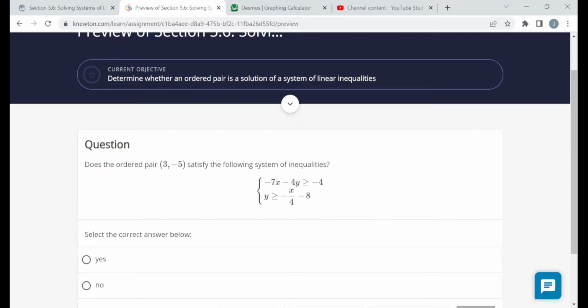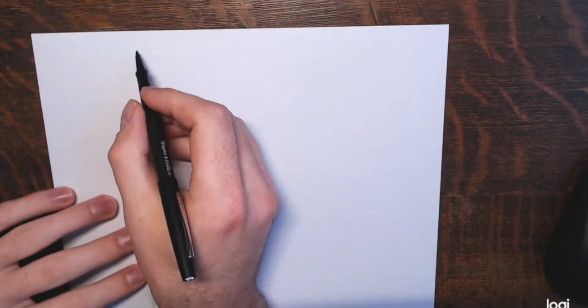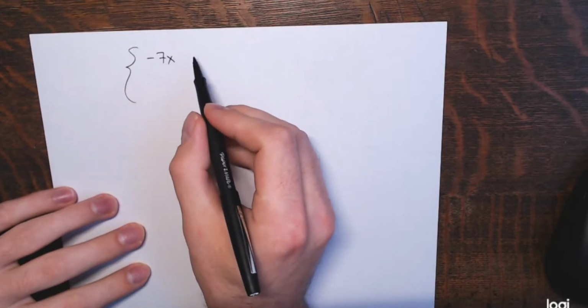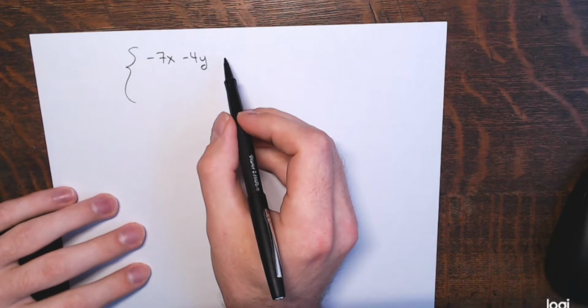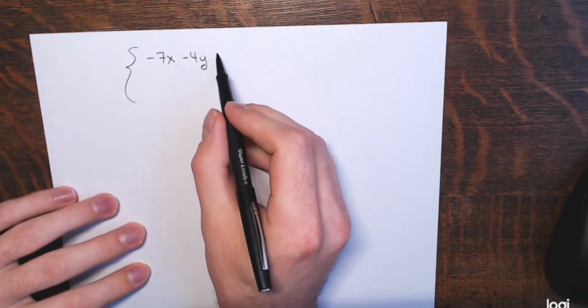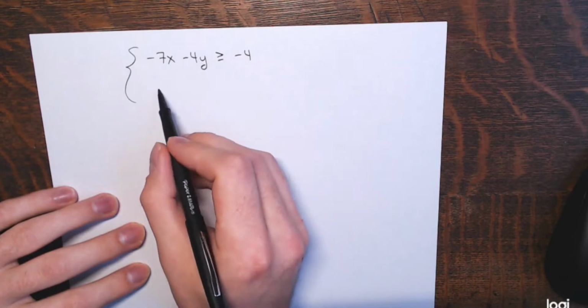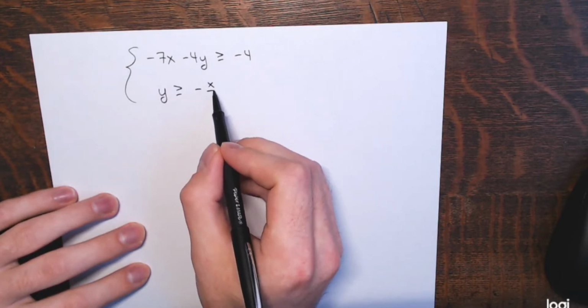Back on some paper. The system we're given is negative 7x minus 4y is greater than or equal to negative 4, and y is greater than or equal to negative x divided by 4 minus 8.